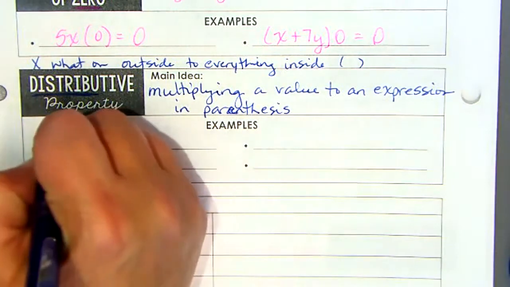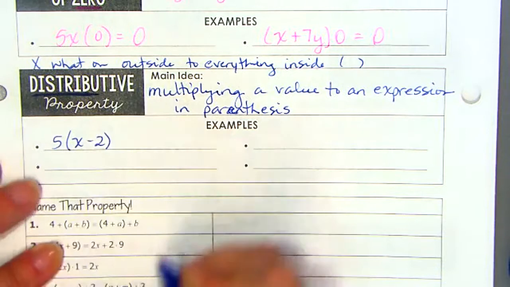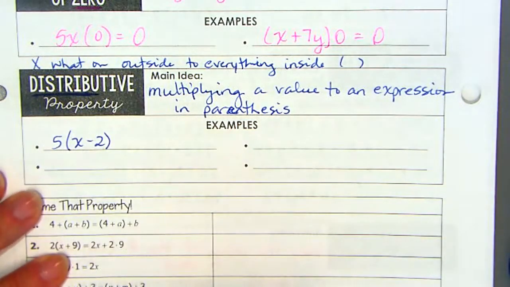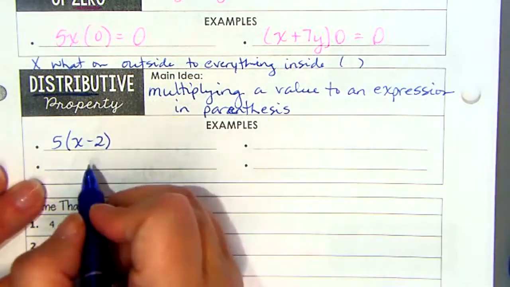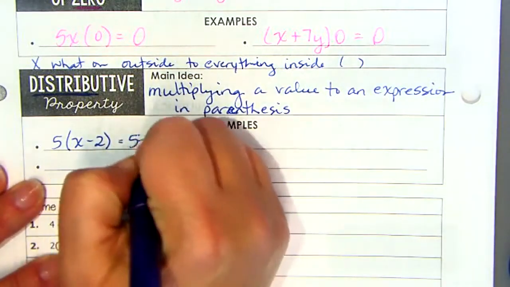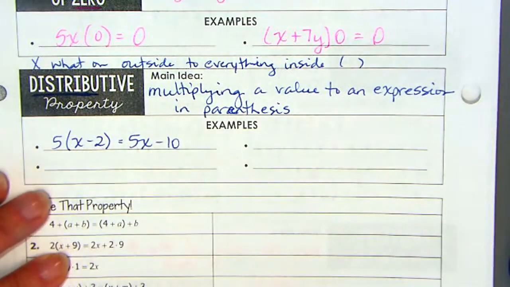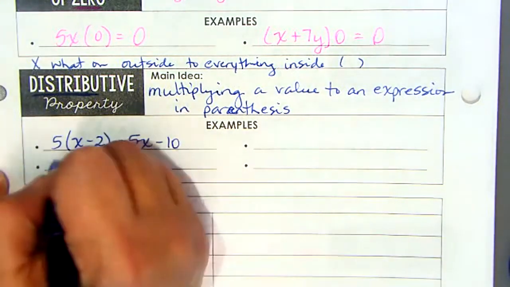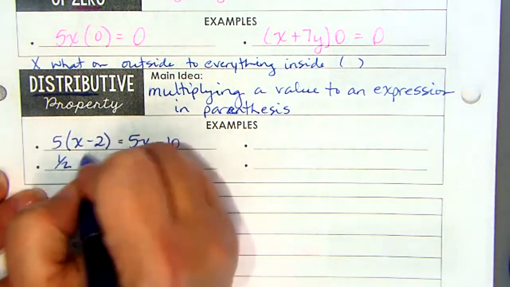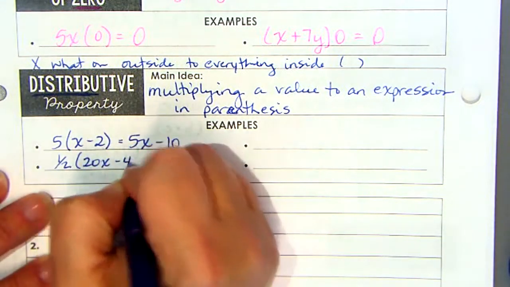So I'm going to have 5, open parentheses, x minus 2, close parentheses. Some examples of this. Equals 5x minus 10. So I'm going to have 1/2, open parentheses, 20x minus 4, close parentheses.